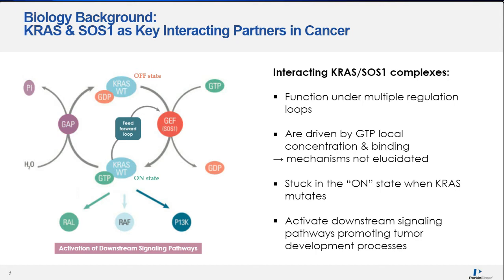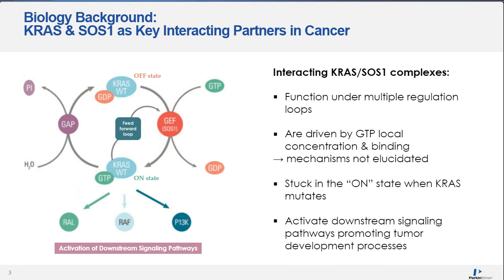In a normal physiological context, KRAS is mainly in the inactive GDP-bound state. The conversion of KRAS from its inactive form to the active state is mediated by GEF. The GEF of interest is SOS1, which is a multi-domain protein containing both N-terminal and C-terminal regions joined by a helical linker which acts as a hinge, allowing SOS1 to adopt both an active membrane-bound conformation and an auto-inhibited cytosolic conformation.